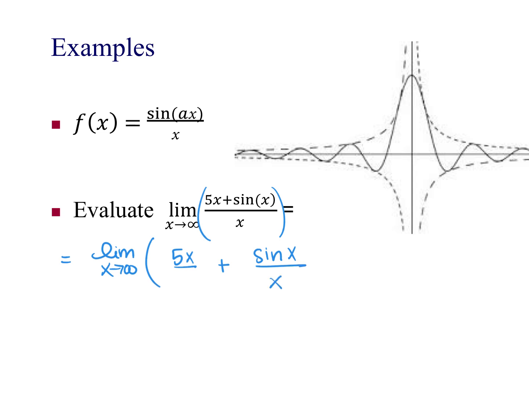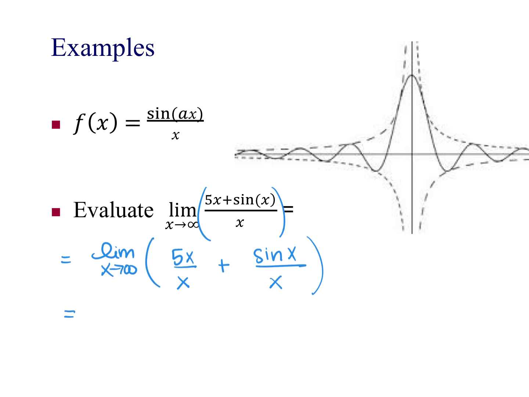What do we put under the 5x, Luke? Also x. Okay, not 1. That would be multiplication. They both get an x because this is adding, and adding needs common denominators. The 5x over x can reduce.